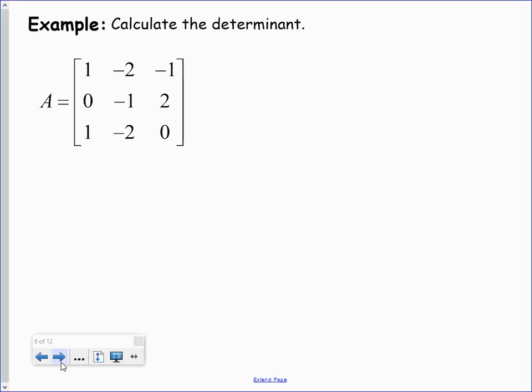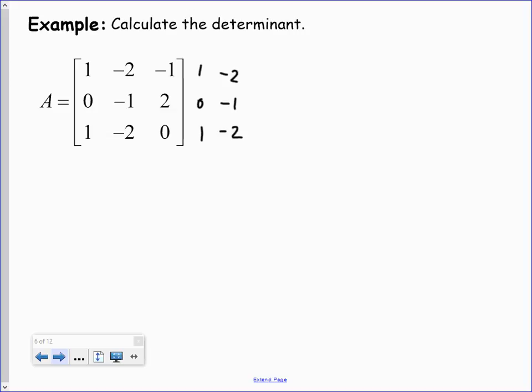Second row, 0, -1, 2. And third row, 1, -2, 0. So first thing I would do is copy my first two columns: 1, 0, 1, -2, -1, -2.